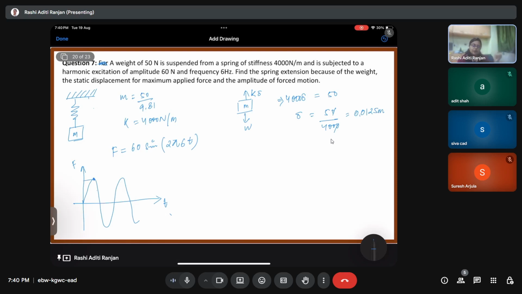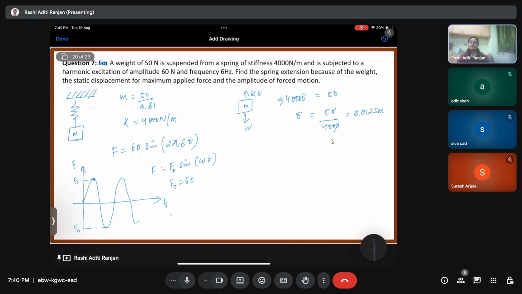But what do we know? We know that this is equal to F naught, if F is given in the form F naught sine of omega t. This is F naught and this is minus F naught. So when it is asking for the static displacement for maximum applied force, it means what is going to be the static displacement if F naught is applied on the system. We know the value of F naught as 60.